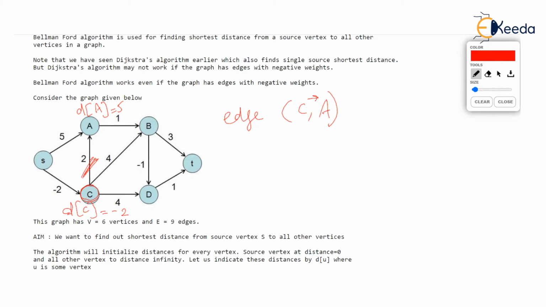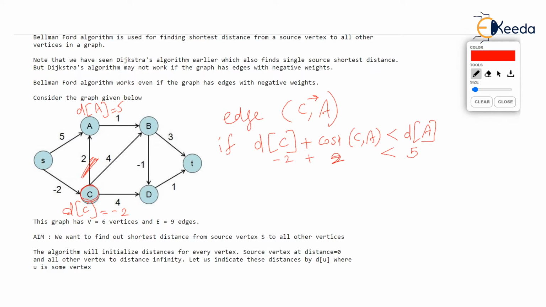Then the condition checked will be if DC, the vertex from where the edge starts from C vertex, plus cost of the edge C comma A, if this addition is less than distance of vertex A. Now you observe DC is minus 2 and cost of the edge is 2, plus 2, isn't it? Is it less than dA? dA, distance of the vertex A, is phi. So 0 is less than phi.